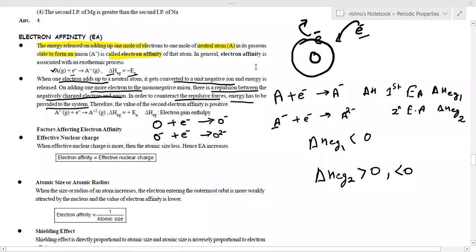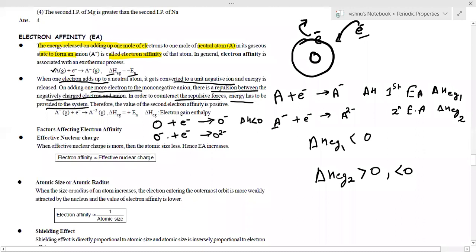See, I'm saying that if I'm having a neutral atom, suppose the neutral atom is oxygen here. If I'm adding one electron, it is converting to an ion O minus, and in this case delta H is negative, meaning energy is released.